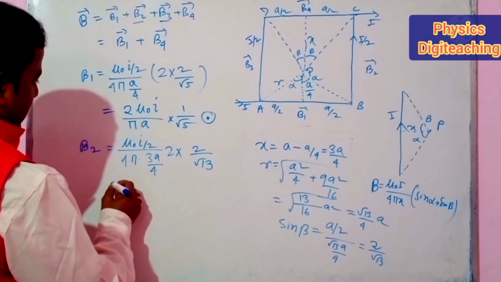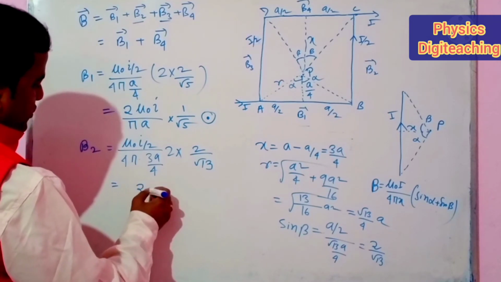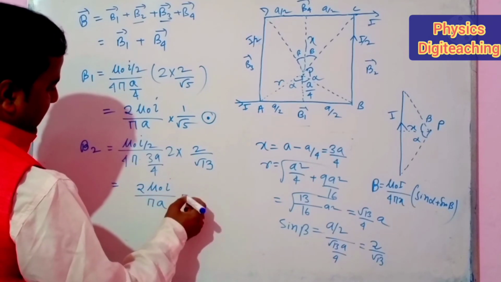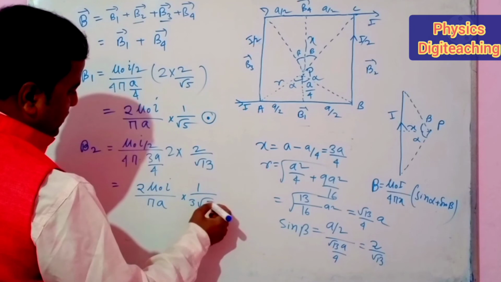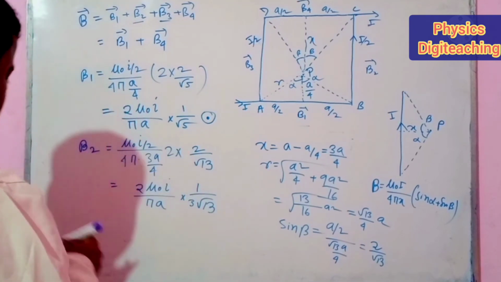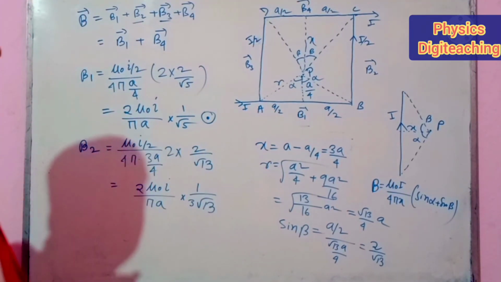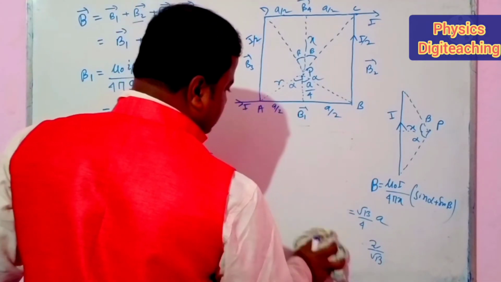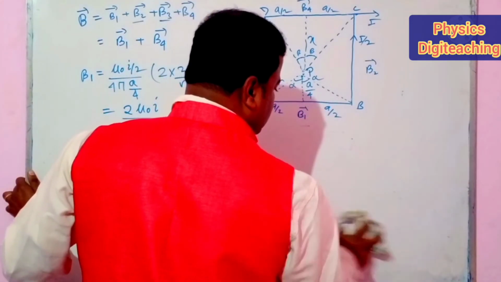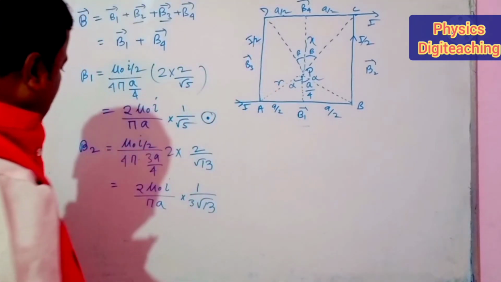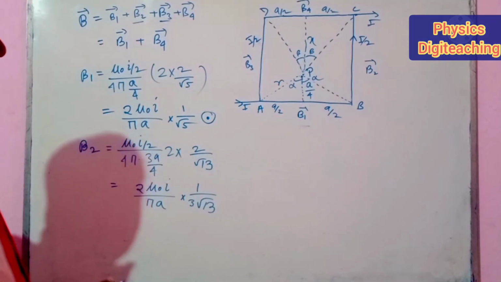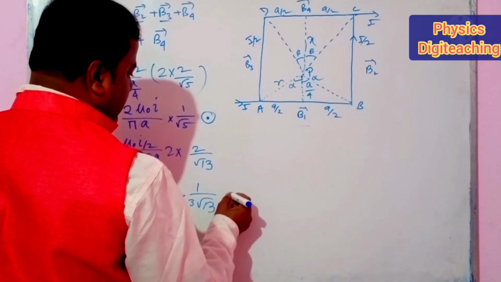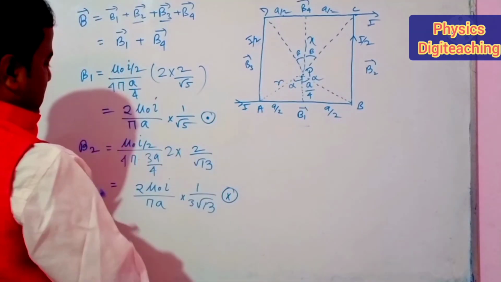If we simplify, we get 2 mu naught I upon pi a into 1 by 3 root 13. Now we find out the net magnetic field at P. What will be the direction of B4? Here the current is in the clockwise sense, therefore the magnetic field will be downward.